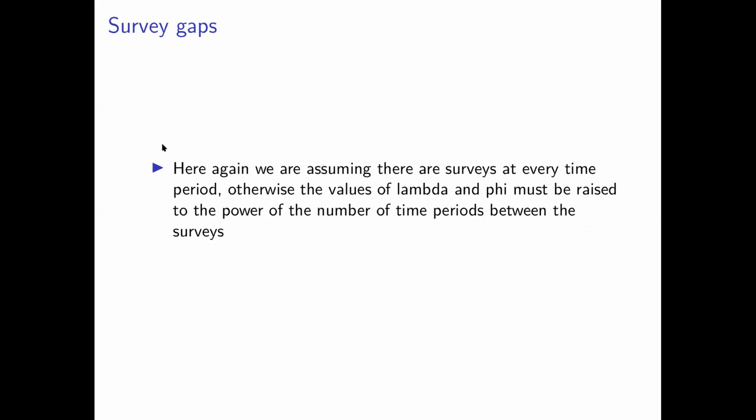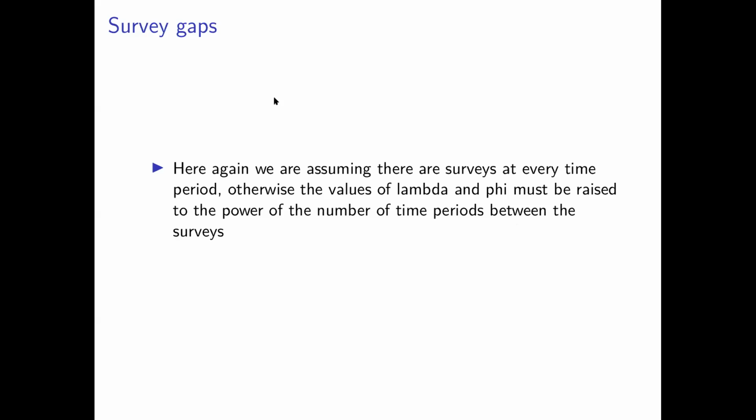And just repeating what I said at the start of this recording, I'm assuming that there are surveys at every time, but if there are gaps, you just have to remember that the values of lambda and phi should be raised to the power of the number of time periods between the surveys.